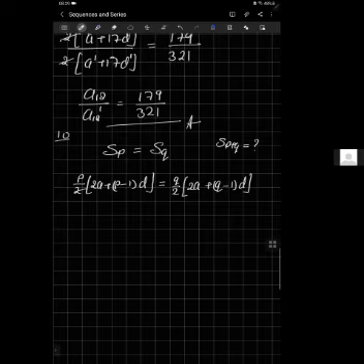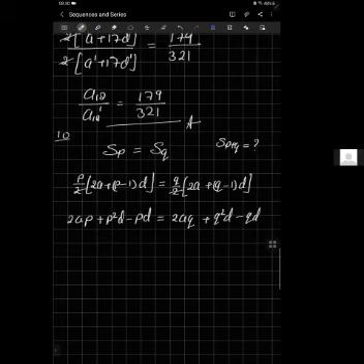This 2 to this 2 will get cancelled. Now P I'm taking inside: 2AP plus P square d minus Pd is equals to 2AQ plus Q square d minus Qd.